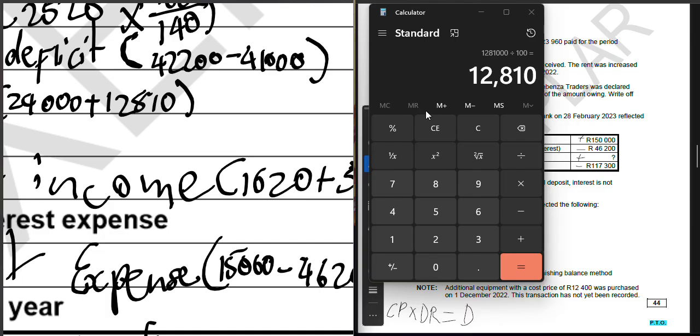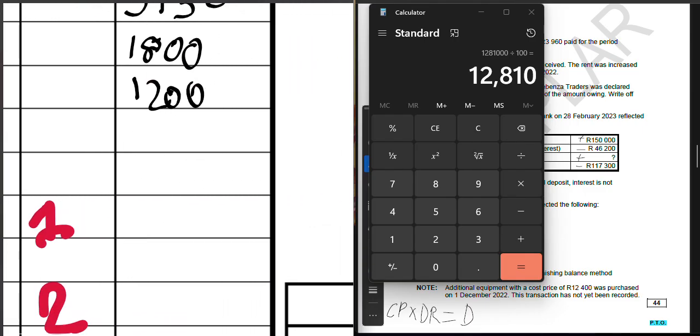And then, because this is just a single adjustment, we are done with that. It's not going to continue adding anywhere. Might as well write the answers. So it's 12,810 plus 24,000.